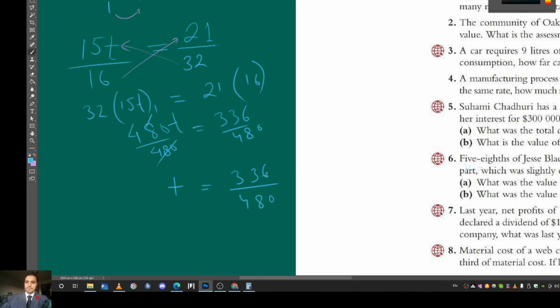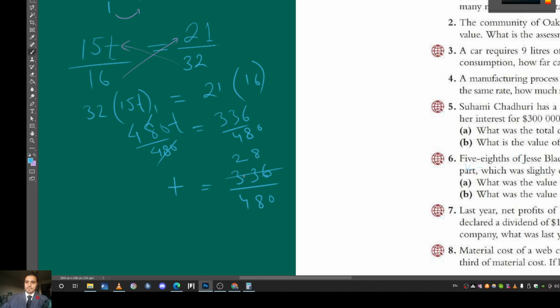What can we divide this with? They're both even, so we can divide them by 2. Actually, all of this is divisible by 12.